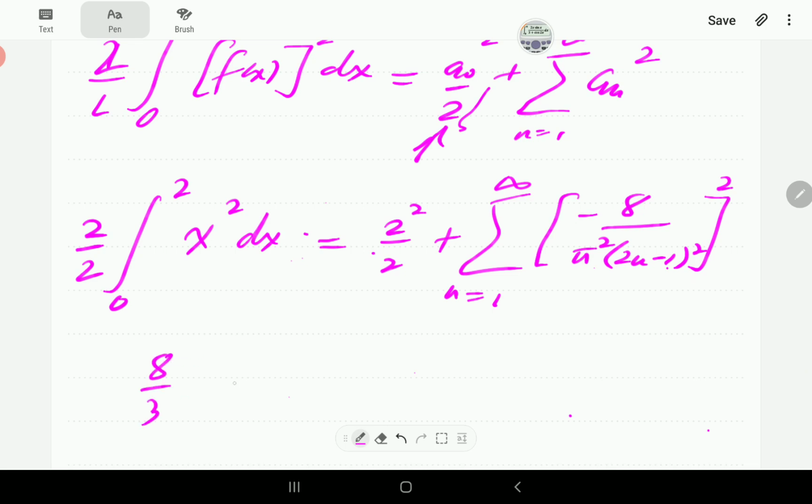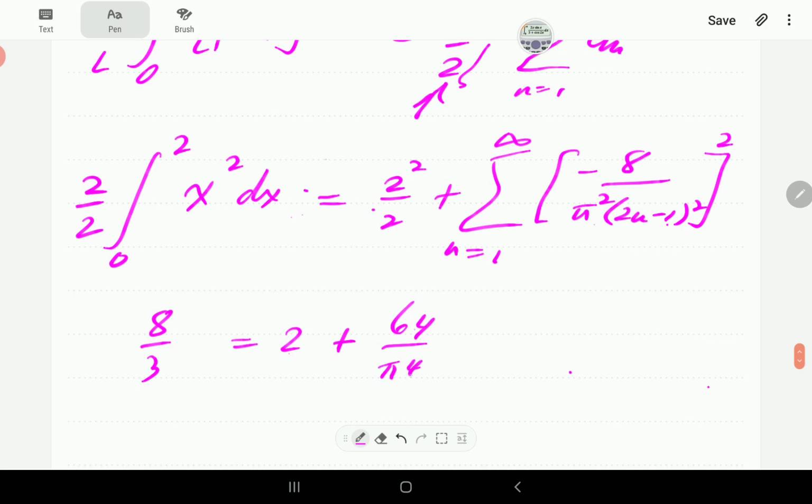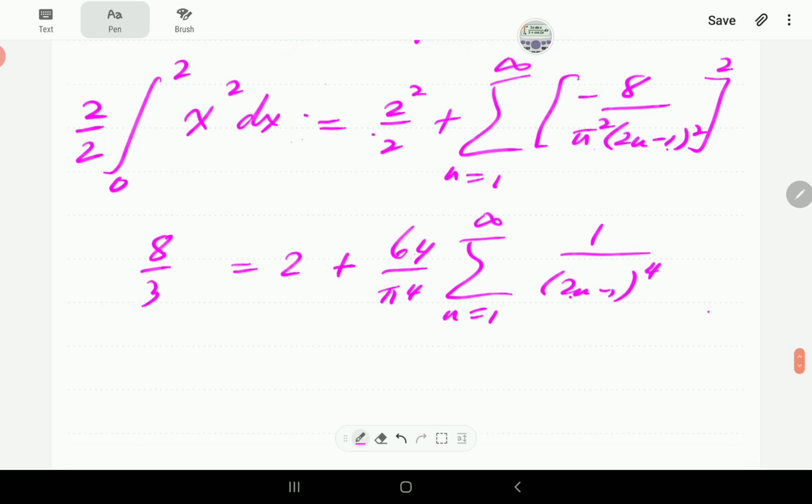So 8 over 3 here. It's 4 over 2, which is 2. Square of 8 is 64. Square of pi squared is pi to the power 4. So it's going to be 1 over 2n minus 1 to the power 4.